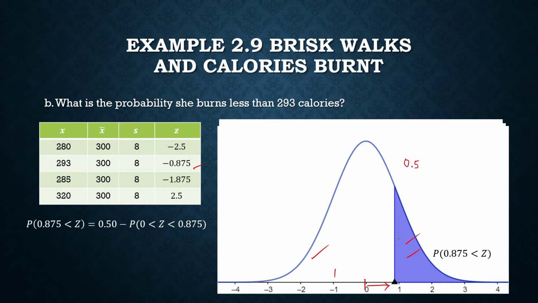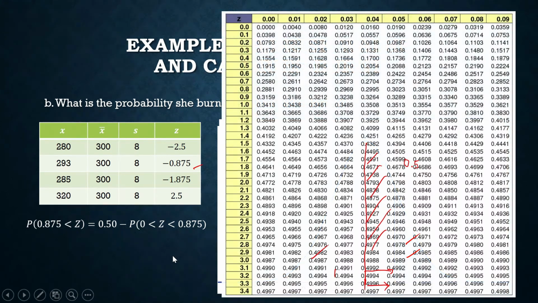To get this area, we remove the area of the region from 0 to 0.875, and what will be left is the area of this region.